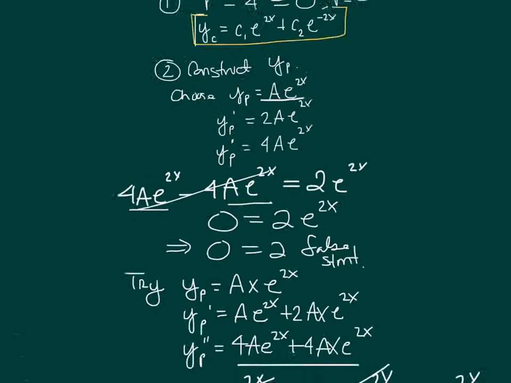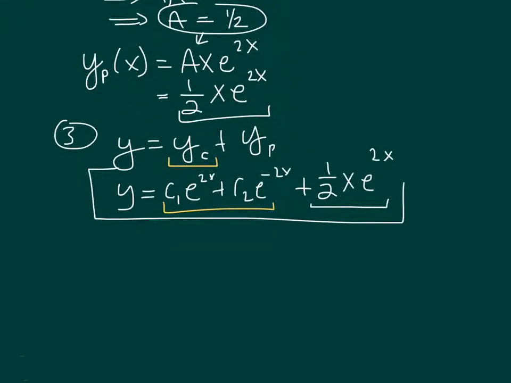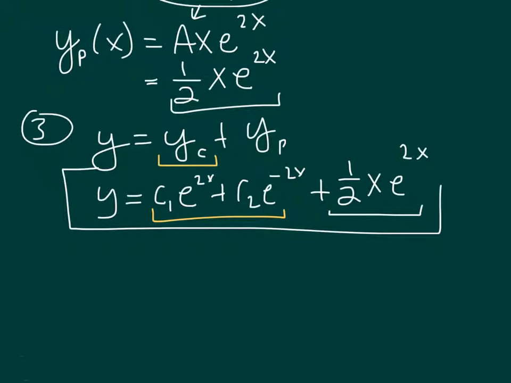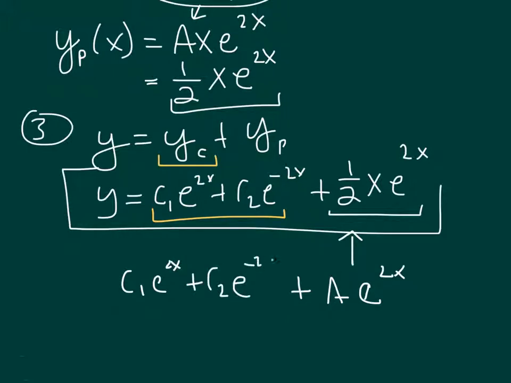well, if that was the case, if I put a times e to the 2x here, and let me go ahead and write this part. So c1 e to the 2x plus c2 e to the negative 2x.